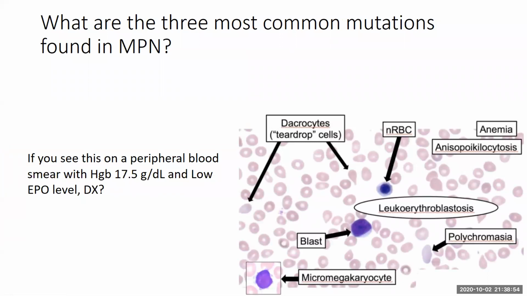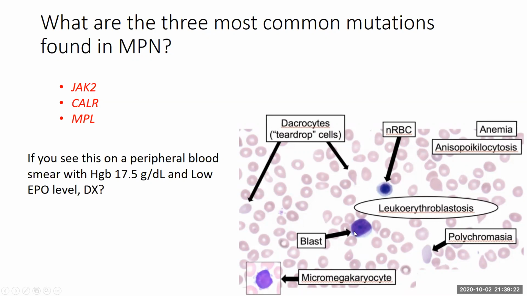So what are the 3 most common mutations found in myeloproliferative neoplasms? JAK2. Right. CALR. Yep. And MPL. Good. And so looking at this peripheral blood smear on the right, this is classically described as the leukoerythroblastoid picture.